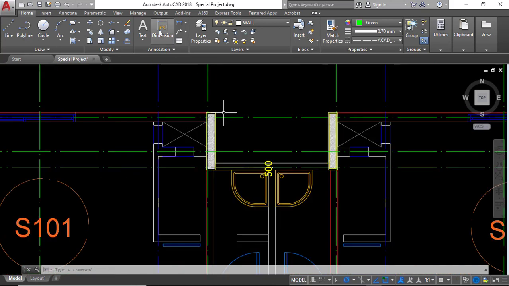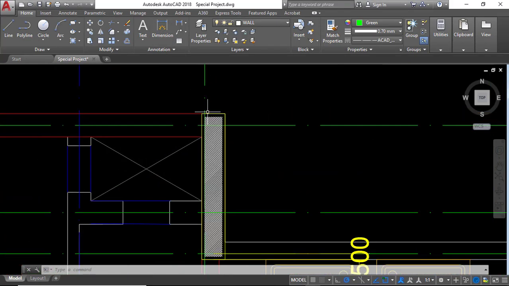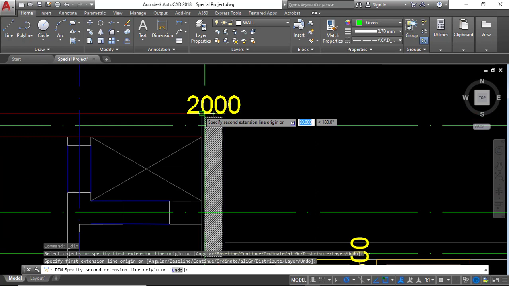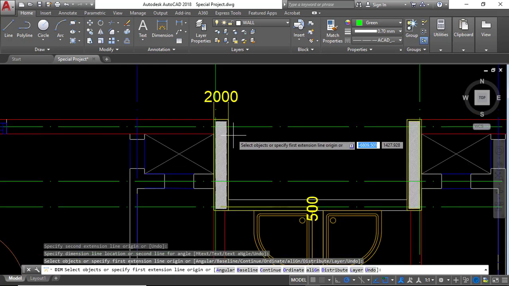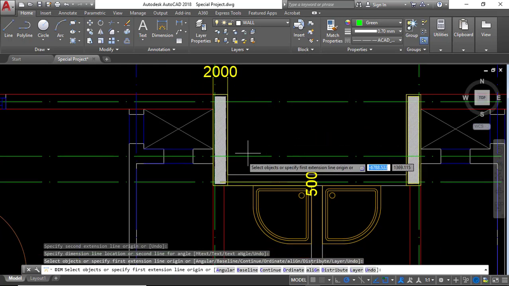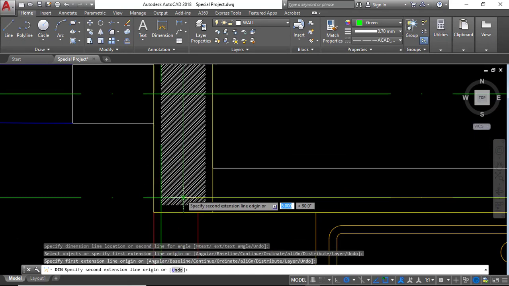Now walls 5B and 6B. They have a width of 20 centimeters, a bottom eccentricity of 5 centimeters, and a top eccentricity of 10 centimeters.